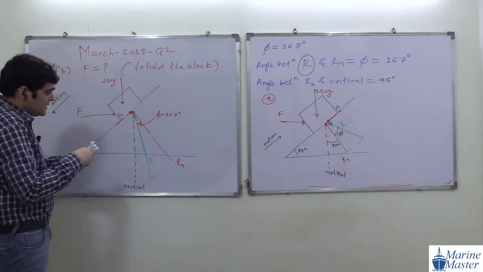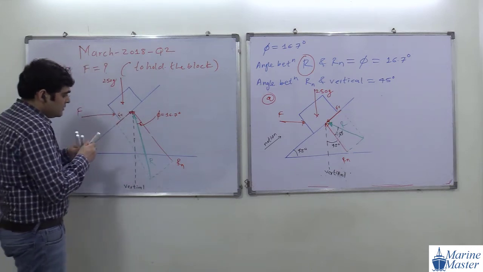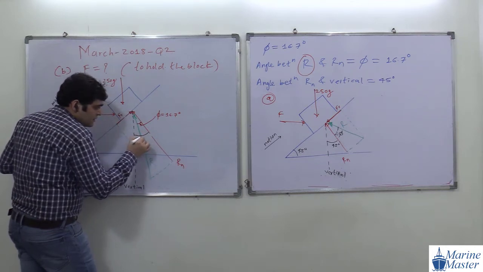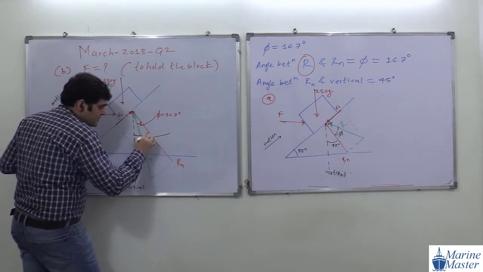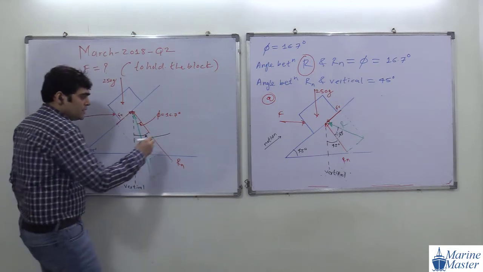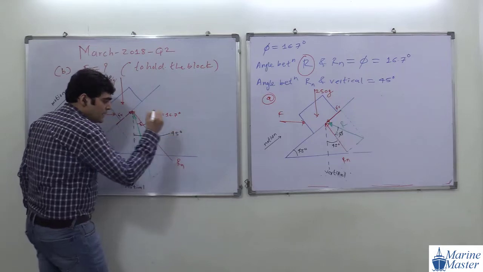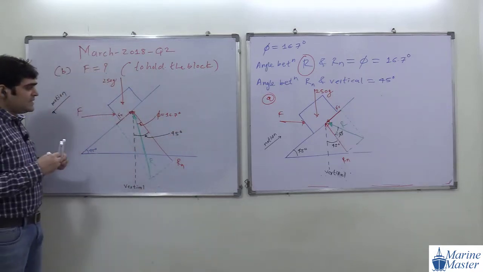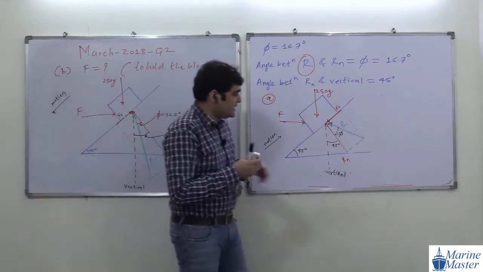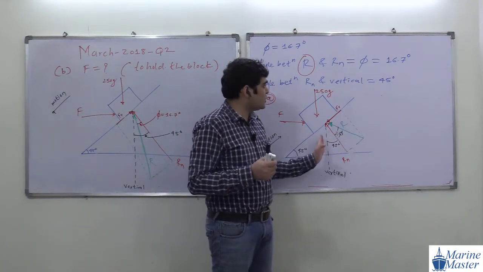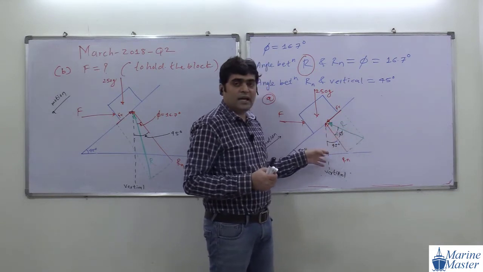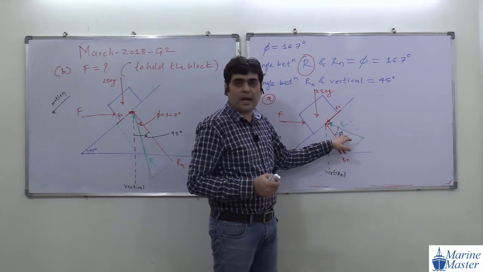Okay, and see, what will be the complete angle? What will be this angle, guys? 45 degree. Okay, good. This angle is 45 degree. Okay, see the point here. In this scenario, our R is in between. In the earlier question, in A part, the angle between R and vertical is 45 plus phi.